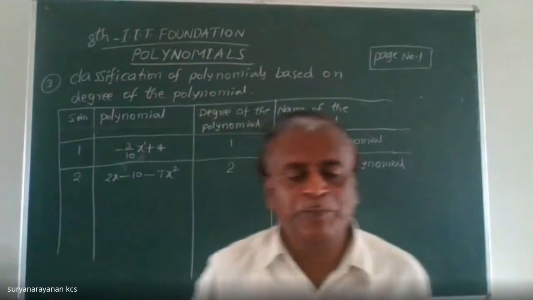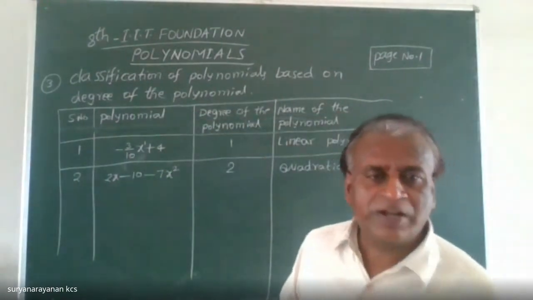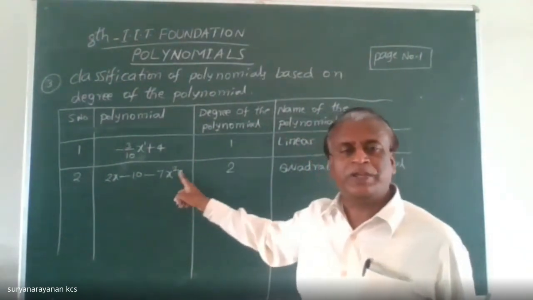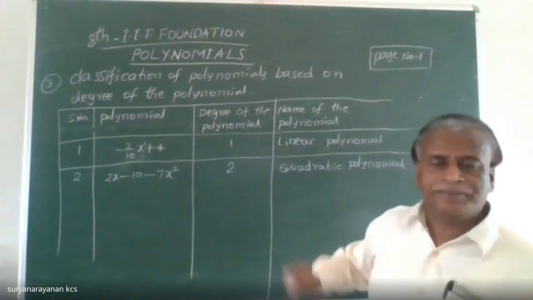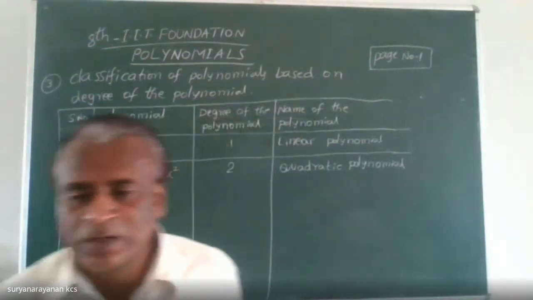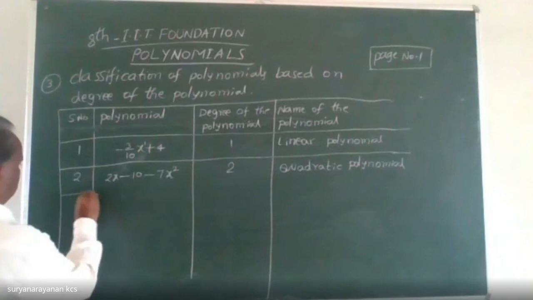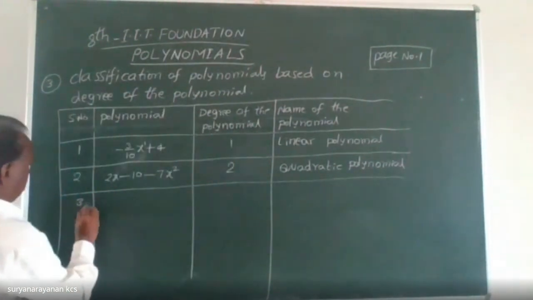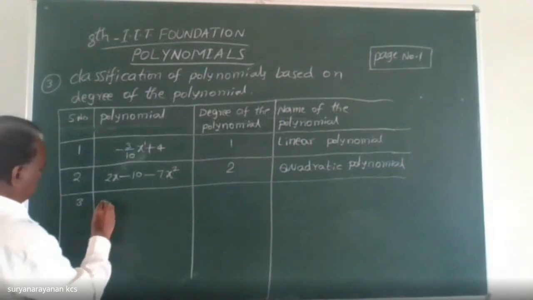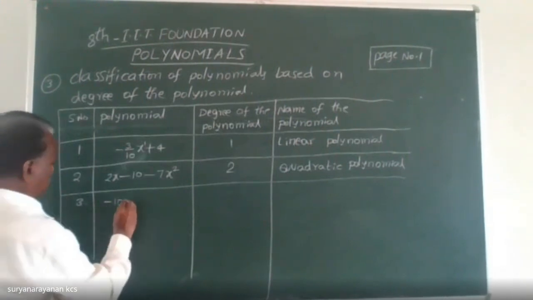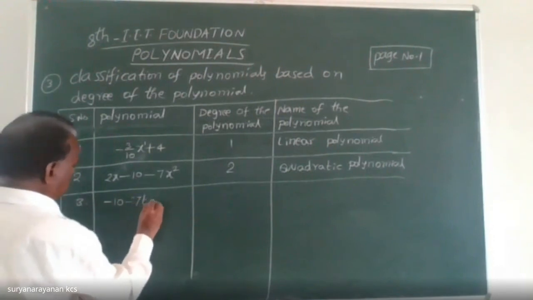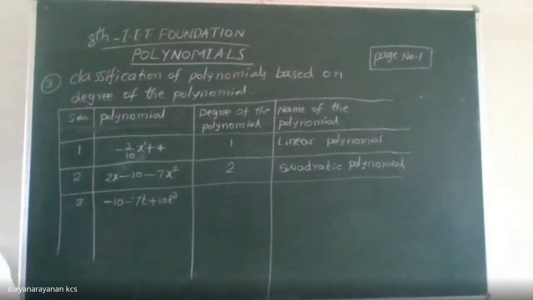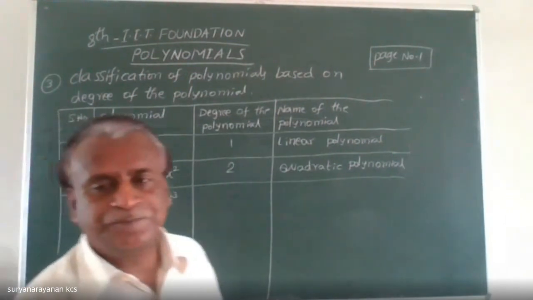If the degree of a polynomial is 2, then this polynomial is said to be a quadratic polynomial. Now, what is the degree of this polynomial?